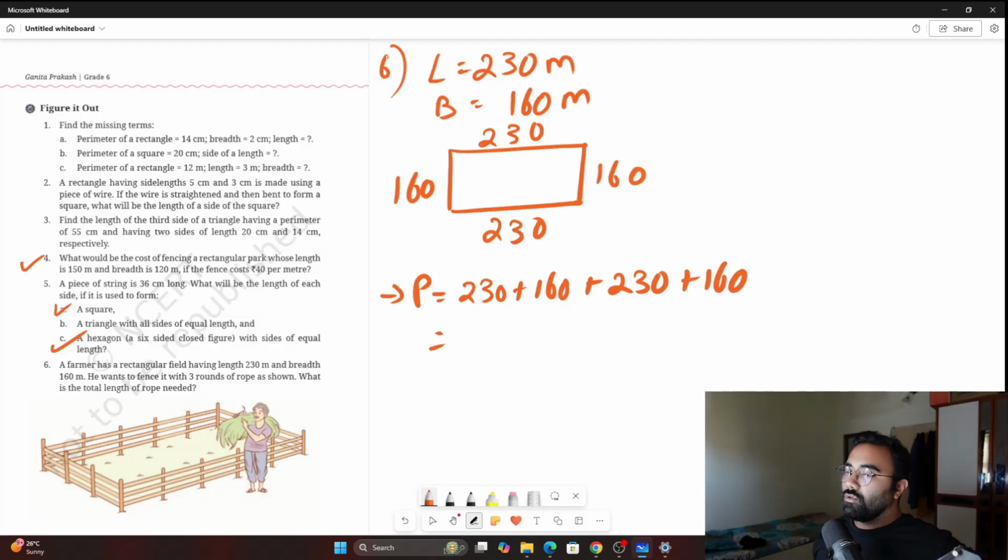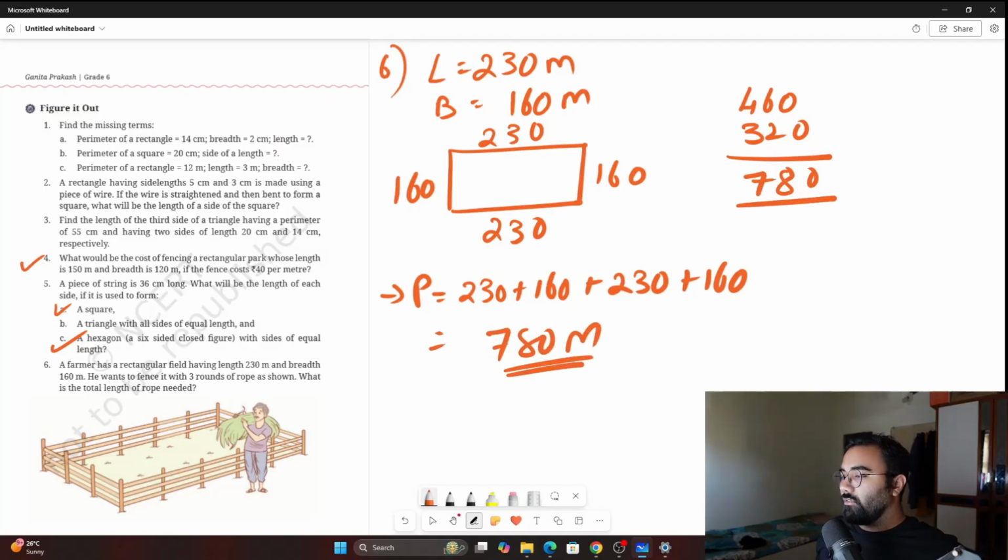Okay, so 230 plus 230 should give you 460. 160 plus 160 should give you 320. You simply add them. 780. So it is 780 meter of rope that will be required for 1 round.